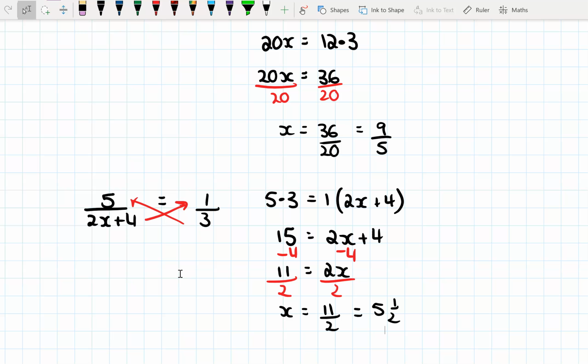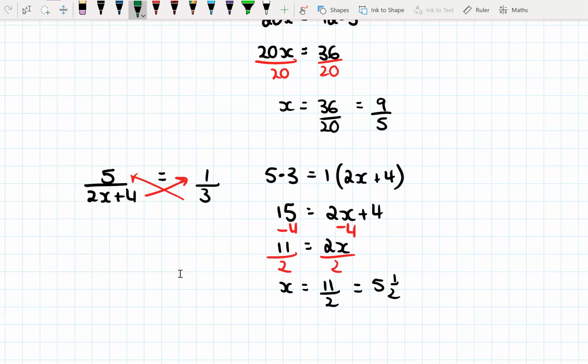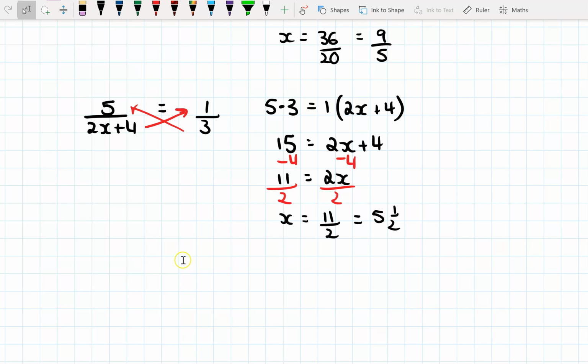Now sometimes you might be given examples where you firstly need to move something, but always make sure you have one fraction equal to another before you do the cross multiplying. Let's do the same thing. Let's say we had 5 over 2x plus 4 minus 2 is equal to 1/3.